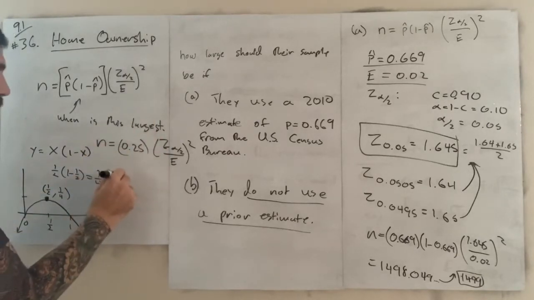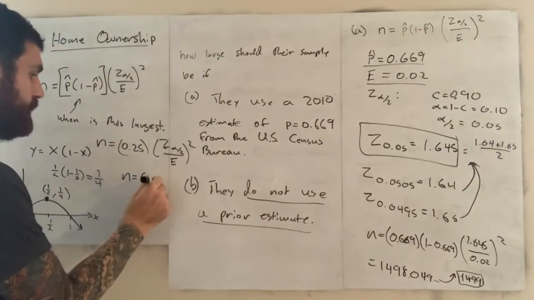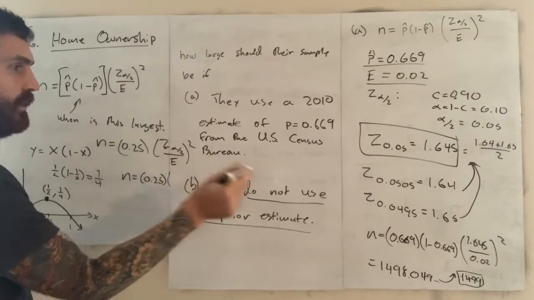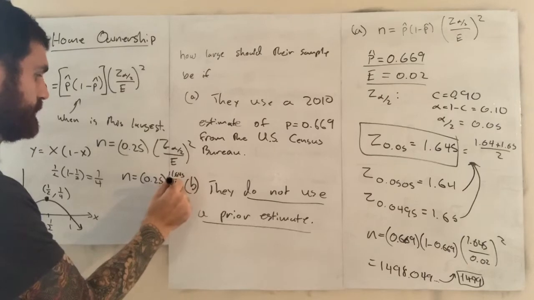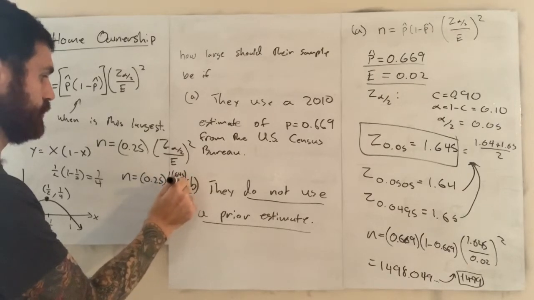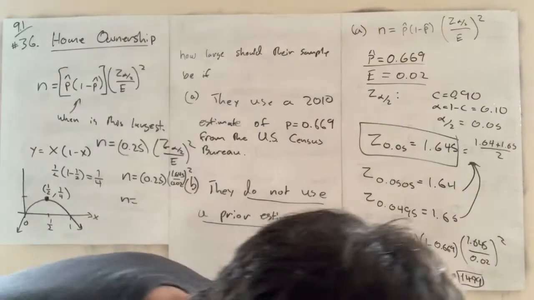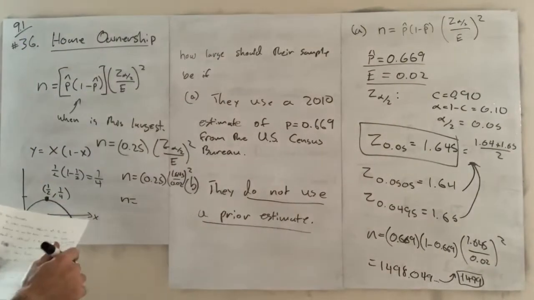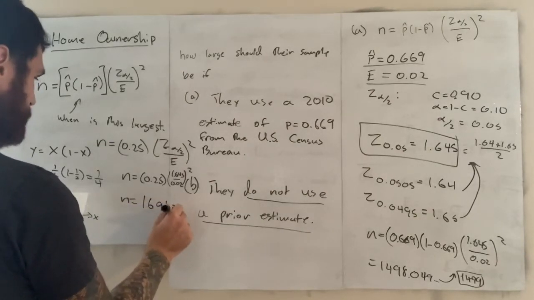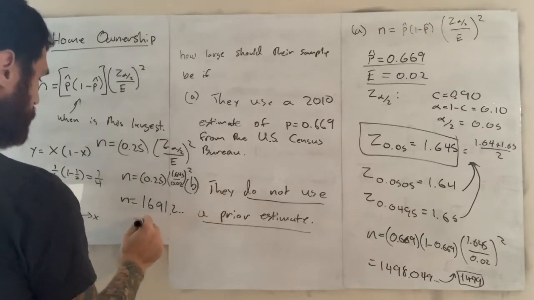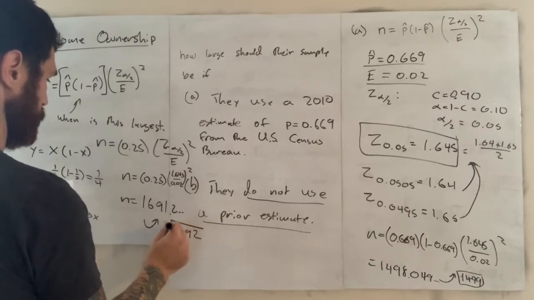Okay, so if you plug that in, we do 0.25 times 1.645 over 0.02 squared, and you'll get that n should be, I think, 1691.2 whatever, but you round up and you get 1692.